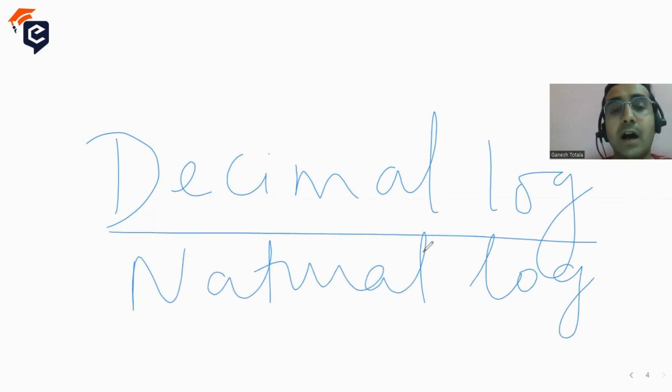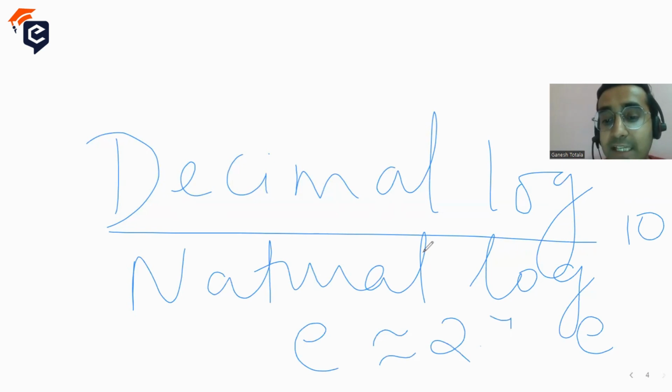Decimal logs are the logarithms with base 10, whereas natural logarithms are the logarithms with base e. e is also called the Napierian number, and it is an irrational number, similar to pi. The value of e is roughly 2.71. We know that pi is an irrational number, and the value of pi turns out to be 3.142.